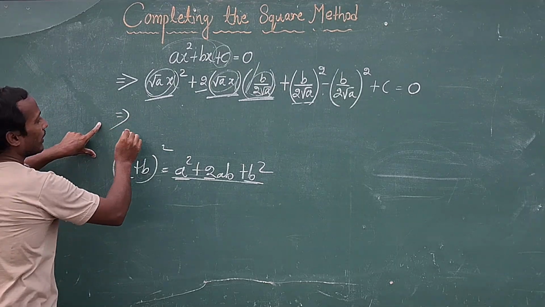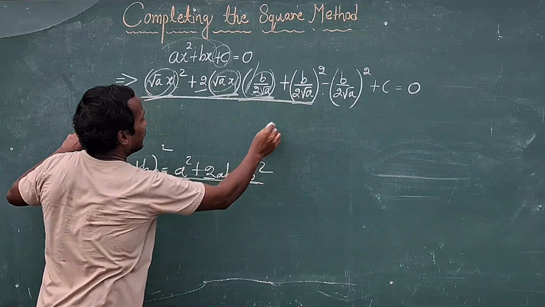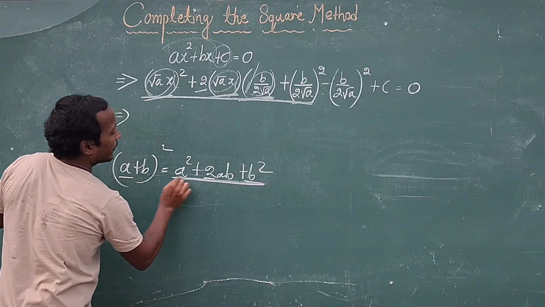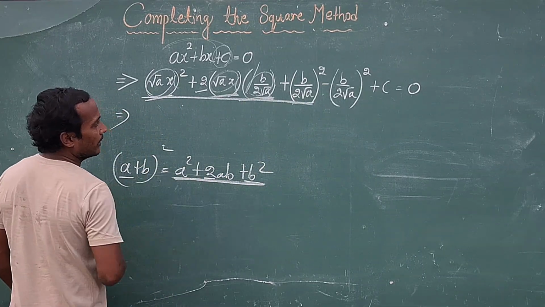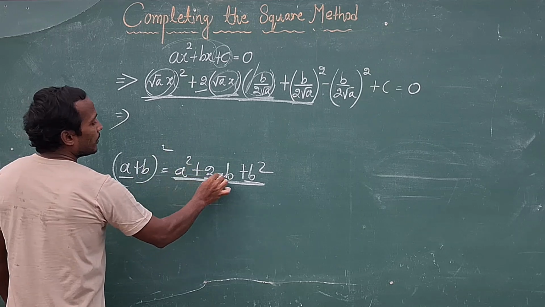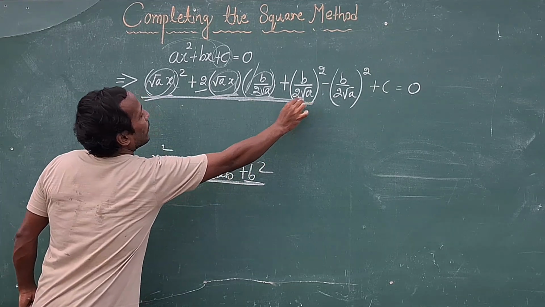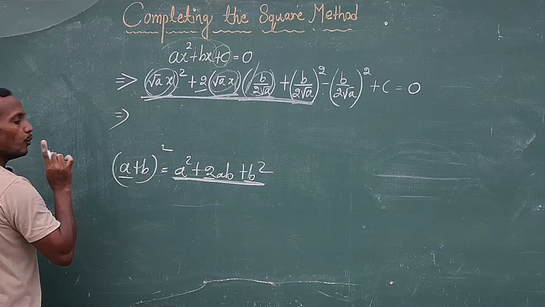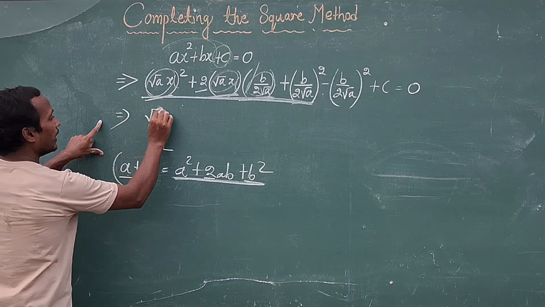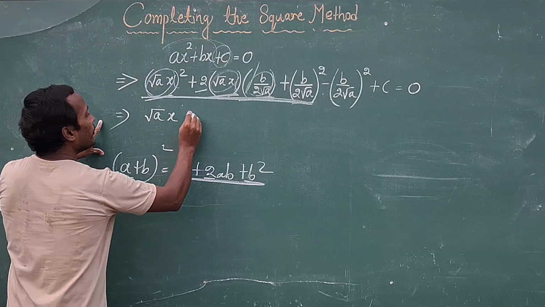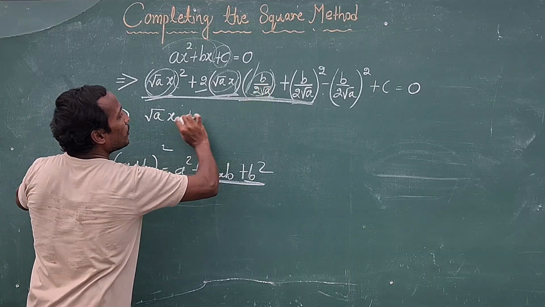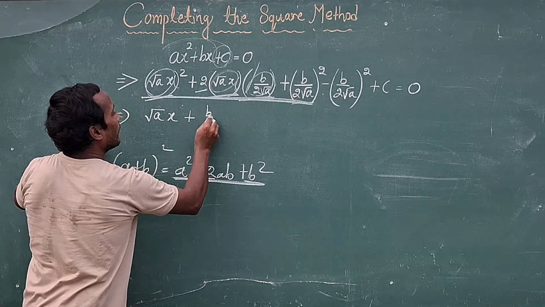In the next step, as I said, this whole part plays the role of a square plus 2ab plus b square, which is a plus b whole square. That's why this can also be written as a plus b whole square. Who is a? Identify. Root ax. Who is b? b by 2 root a.